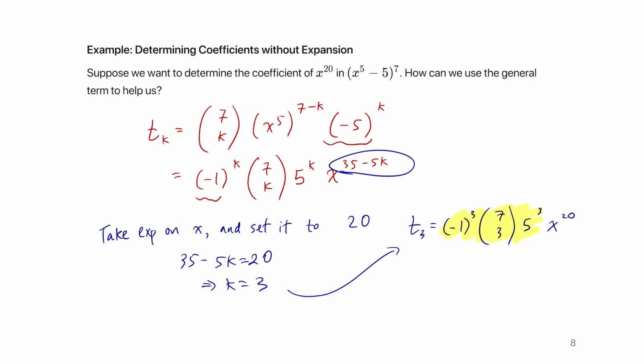X to the 21. What's the coefficient on it in this expansion? Yeah. There is no coefficient because there is no term x to the 21.